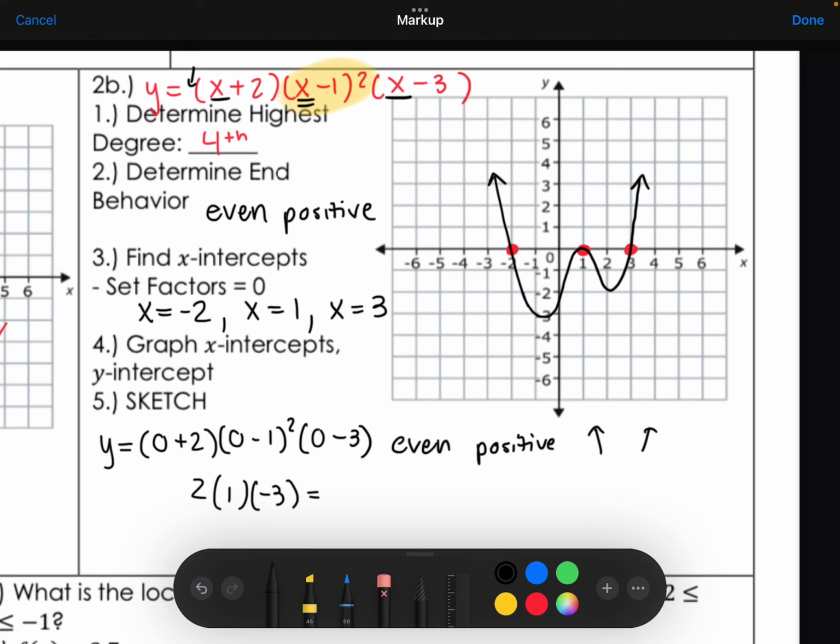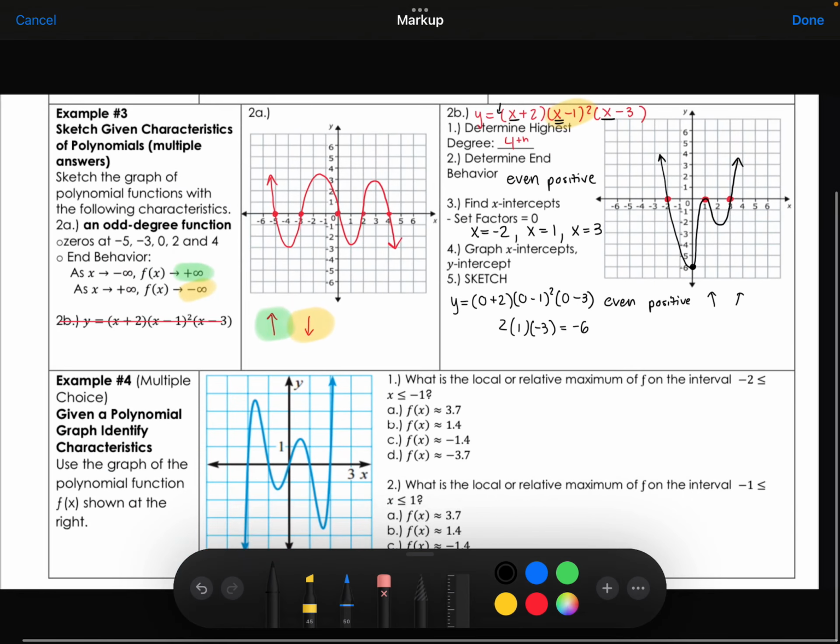So that gives me negative 6. So I really would have wanted to go down a little more on this, so I'm going to redo this part. So I know I have a point here. So it's going to look something like this. So that's going to give you a better idea of where your sketch is going to be. Gives you a little more information to make your sketch a little more accurate if you have the y-intercept.